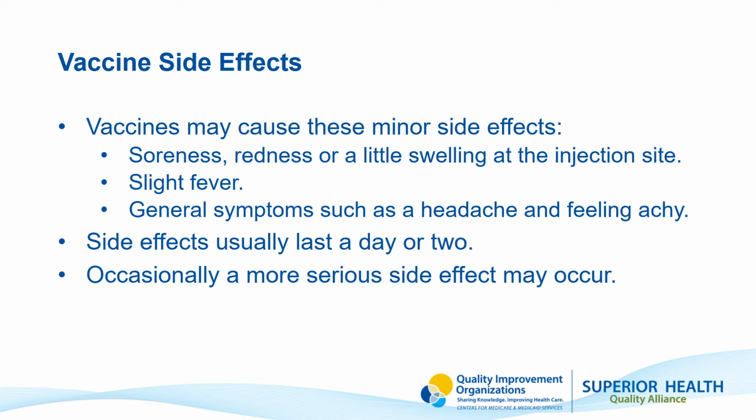Side effects usually last 1 to 2 days. The side effects occur because the person's immune system is creating antibodies as a defense against further disease or illness. Once in a while, a person may have a more serious side effect that occurs in response to a vaccine. However, that is very unlikely to occur as it does not happen often.